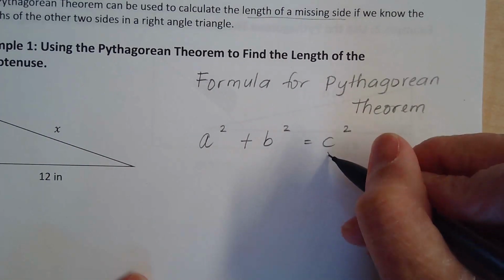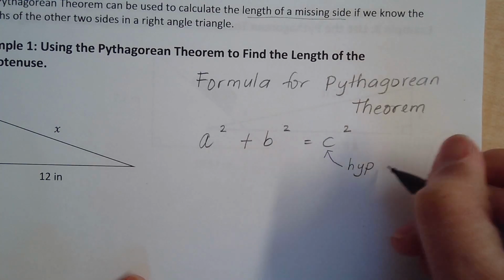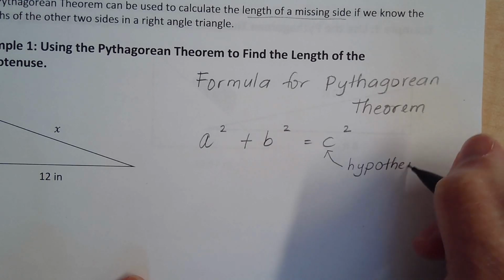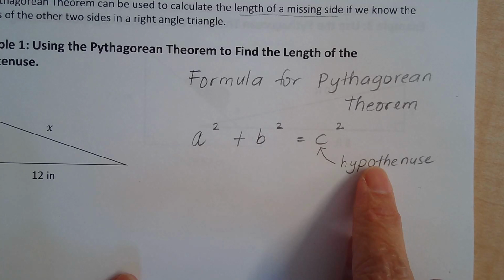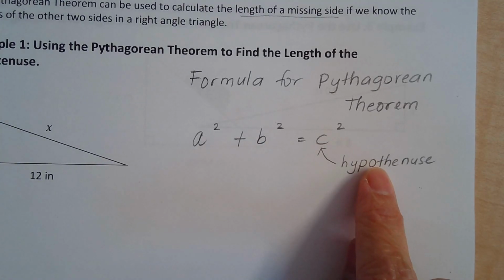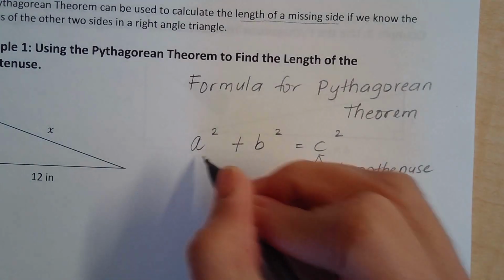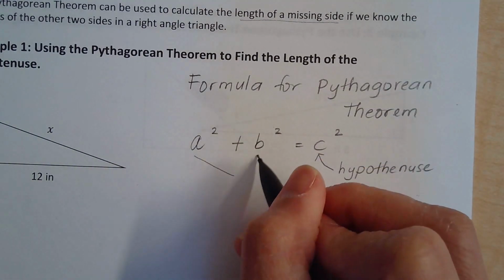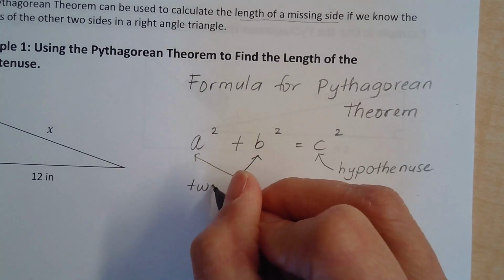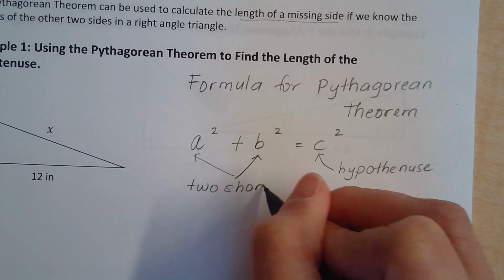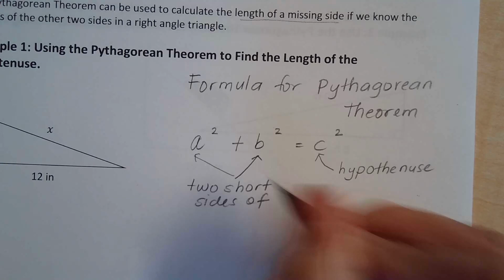So the c squared, the one by itself, is the hypotenuse. And then the a and the b are the two short sides of the right triangle.